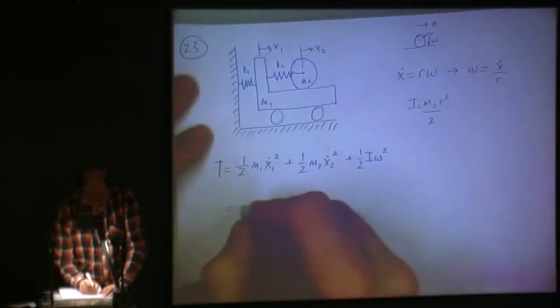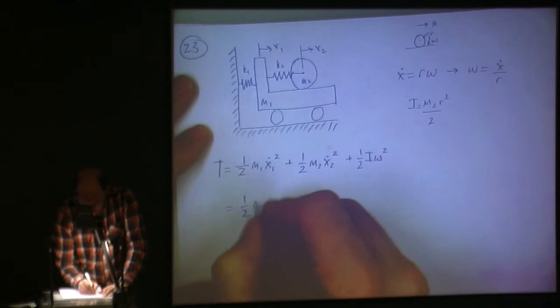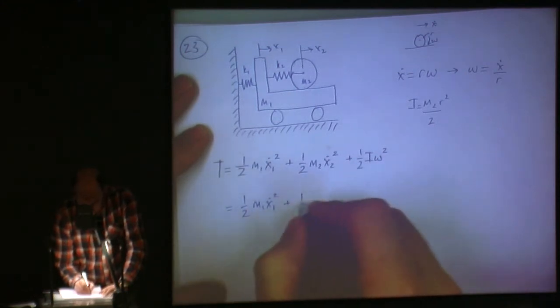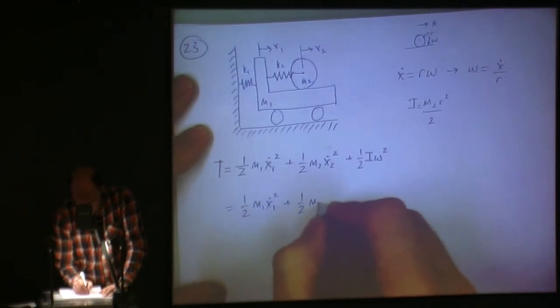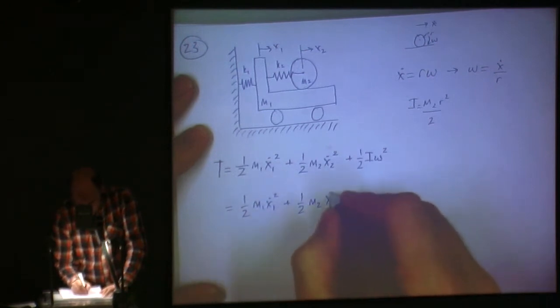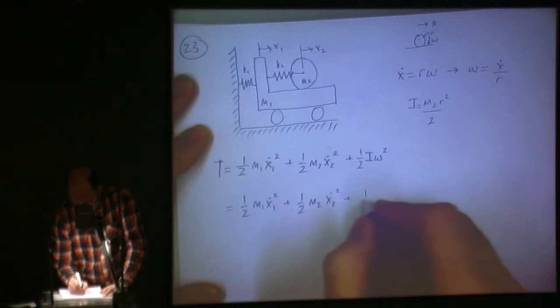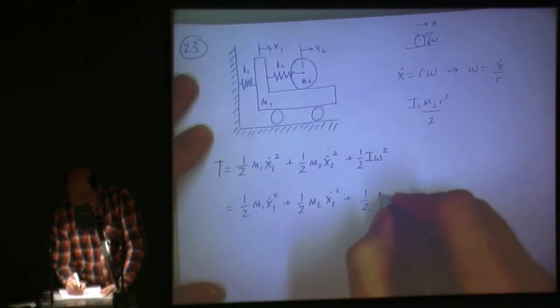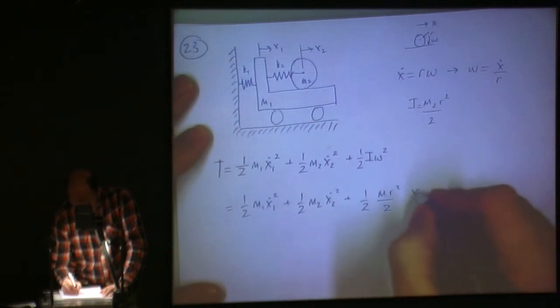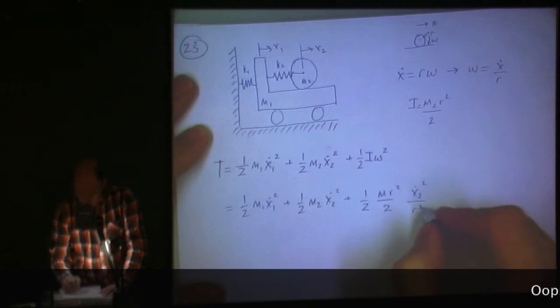And so we can rewrite this out: 1/2 m1 x1 dot squared plus 1/2 m2 x2 dot squared plus 1/2 m r squared upon 2 x2 dot squared divided by r squared.